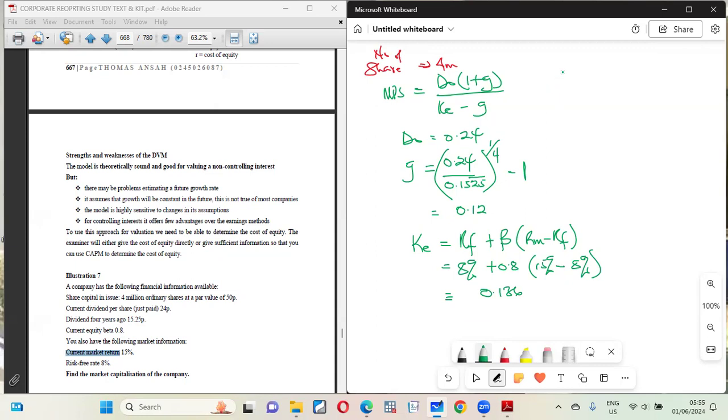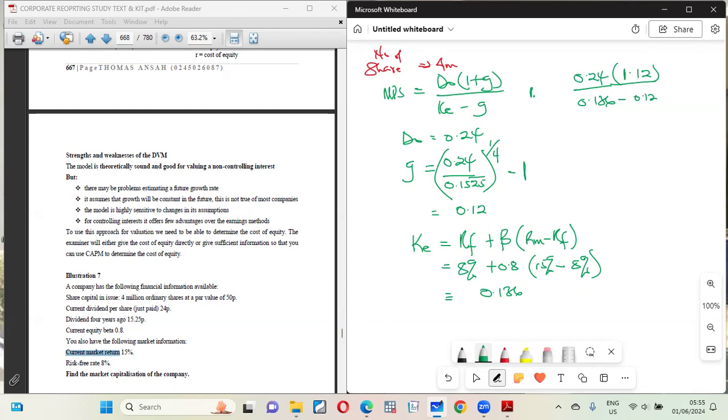So what is our MPS? D0 was 0.24 cedis divided by KE, which we found is 0.136, into brackets 1 plus G. What was our G? 0.12. So 1 plus this one will be 1.12, minus G, which is 0.12.